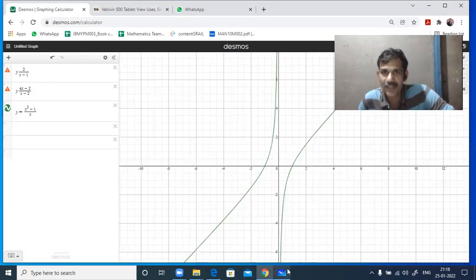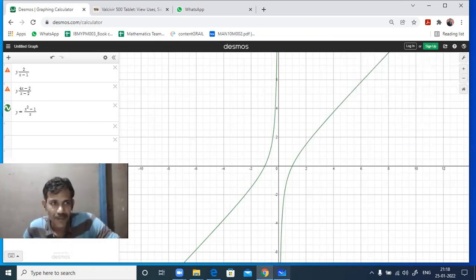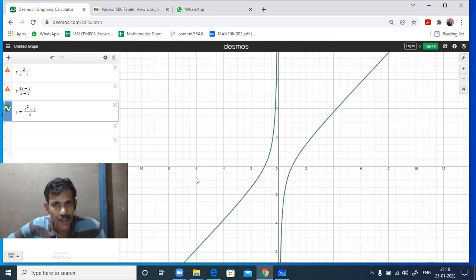And we can tell the nature of the curve also. Here this is the curve, and the vertical asymptote is this.